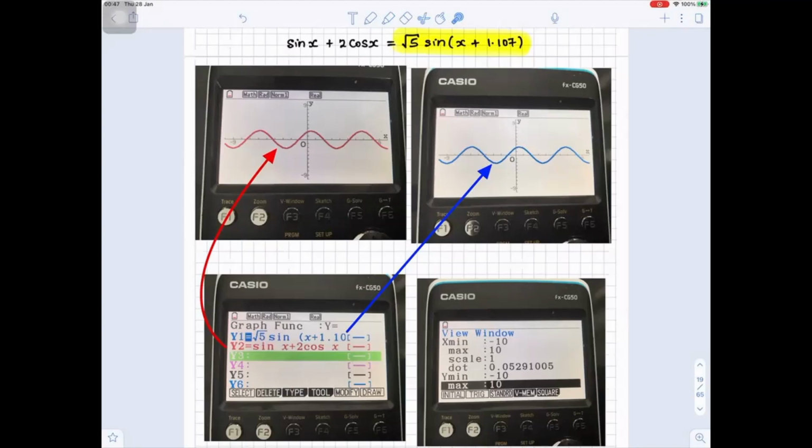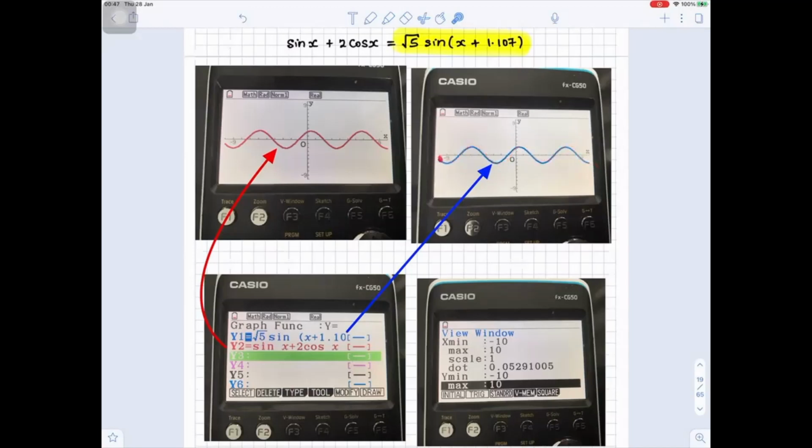You will plot sin x plus 2 cos x, and that will be this red graph. When you put that in your calculator as y2, it will be this red graph you see there. And when you put the right hand side, square root of 5 sin(x plus 1.107), it will give you this blue graph. So you notice that you can take the red graph and put it on top of the blue one, and they will fit together.